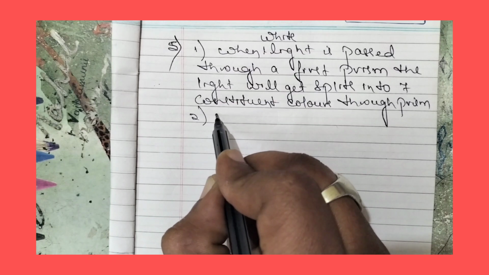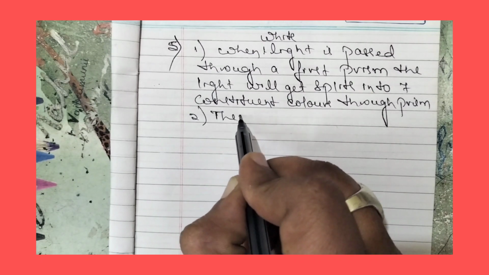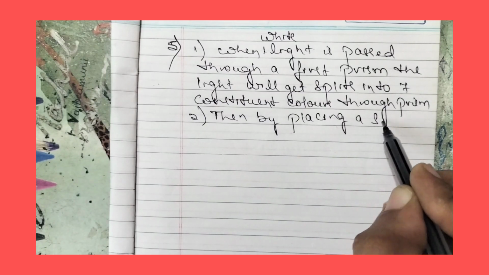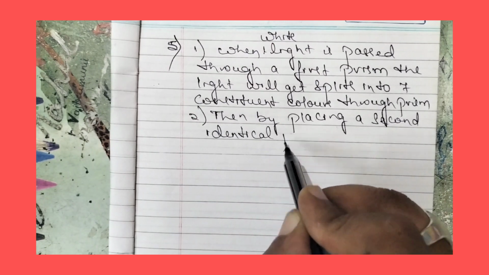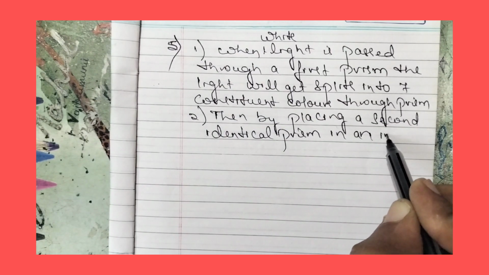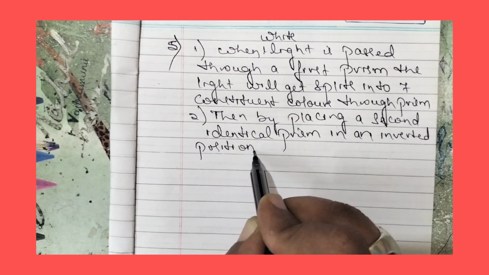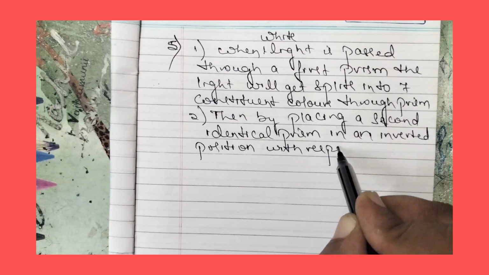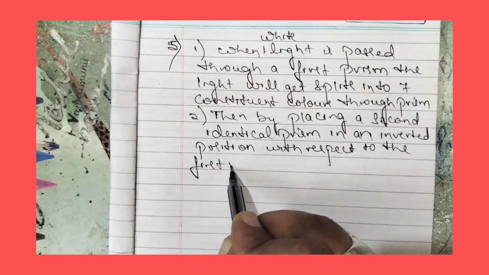Then the second point is: by placing a second identical prism in an inverted position with respect to the first one.